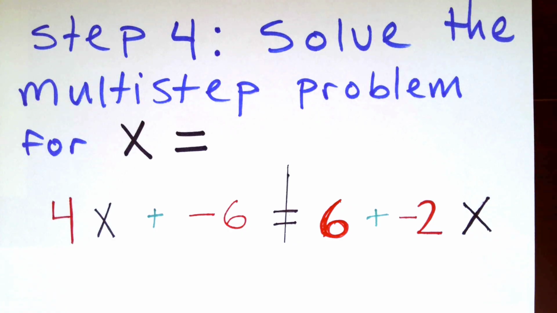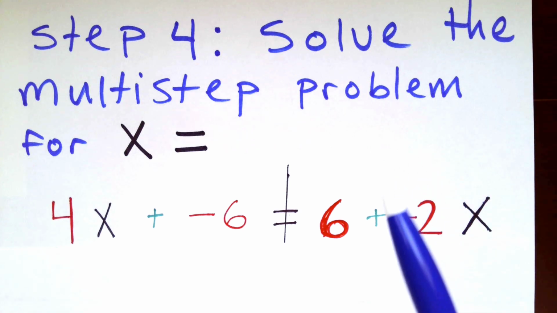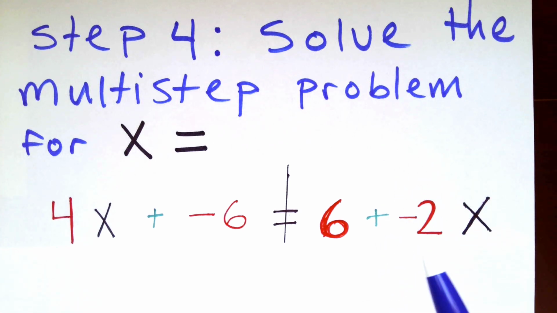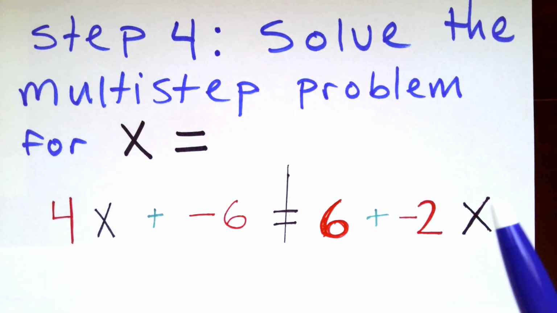Let's take a look at that and understand why. A lot of times you're going to be able to strategize on what you'd like to do, one or the other. In this case, I don't want to deal with negative values. So I'm going to eliminate this negative 2x by adding a positive 2x to both sides of the equal sign. Let's check it out.